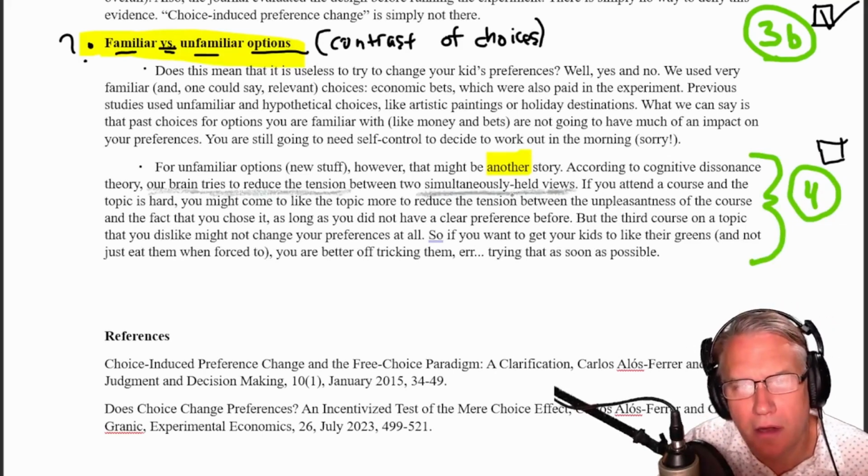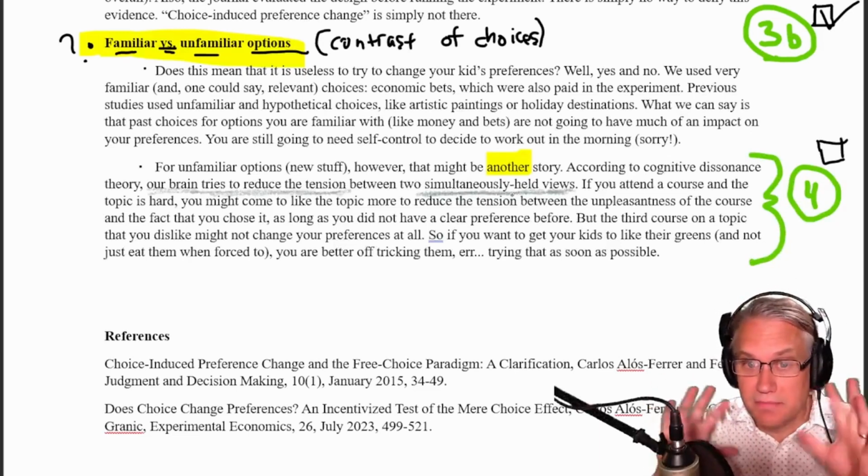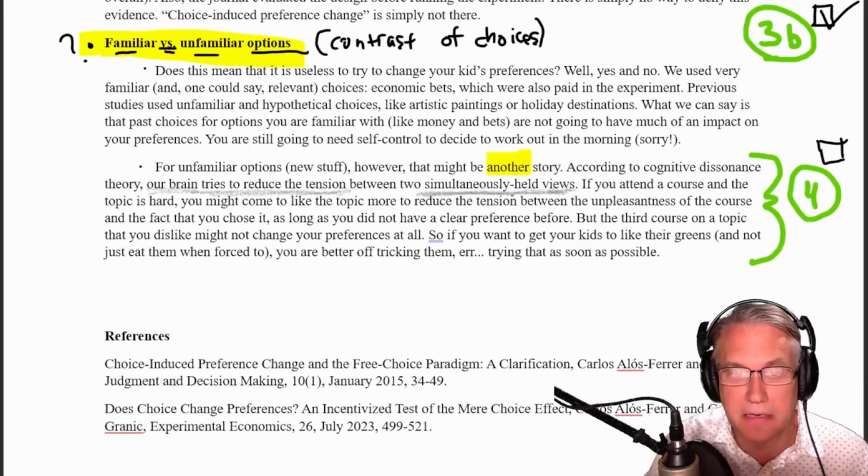According to cognitive dissonance theory, our brain tries to reduce the tension between two simultaneously held views. My understanding of this, again, I'm not a psychologist, so this is something I'm not an expert in at all.